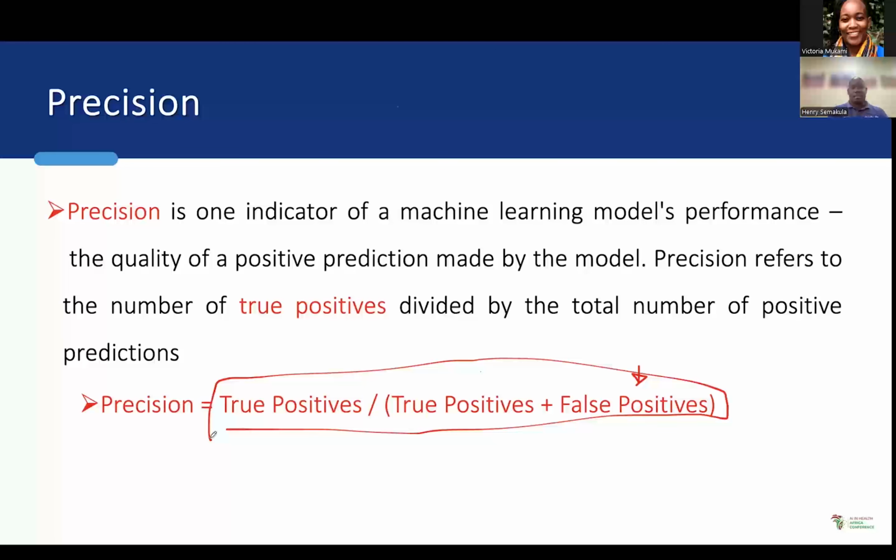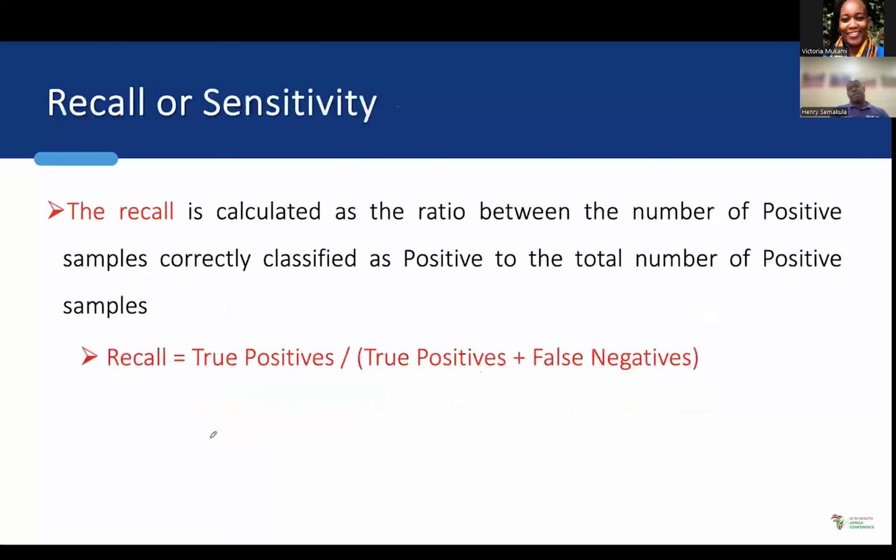We have another metric, which we call recall, and the other name for recall is sensitivity. Sensitivity is a ratio of the number of true positive samples collectively classified as positive divided by the total number of positive samples.